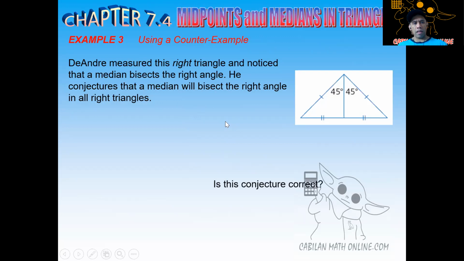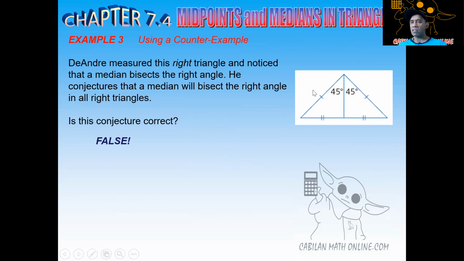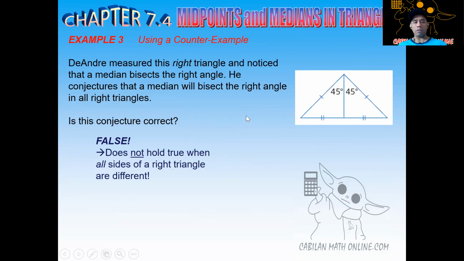And the reason for that, and this is why his conjecture is incorrect, is that based on how he's drawn this, it's true. However, this is a very specific type of triangle. Notice that in this triangle we have two sides which are equal, and the opposite side happens to be different. So this is an example of an isosceles triangle.